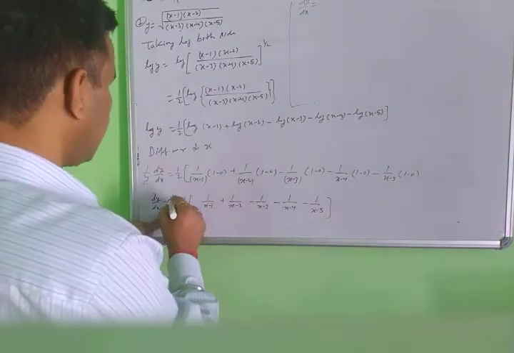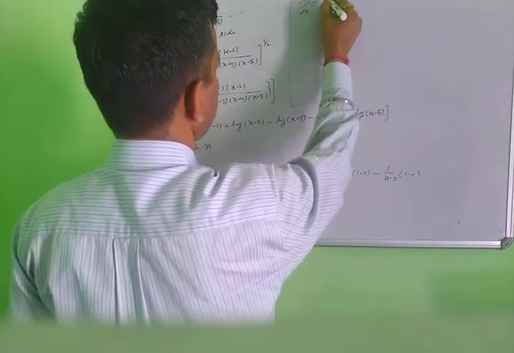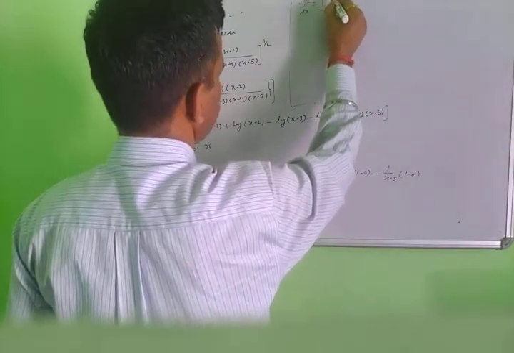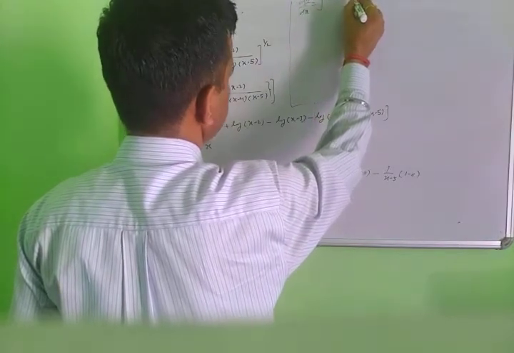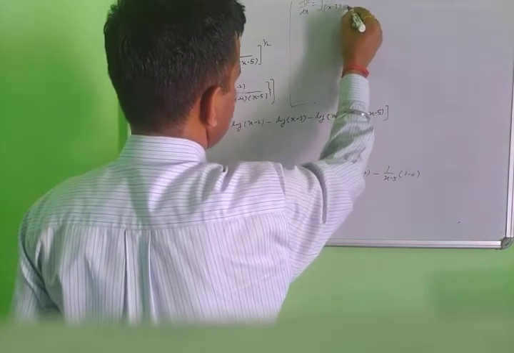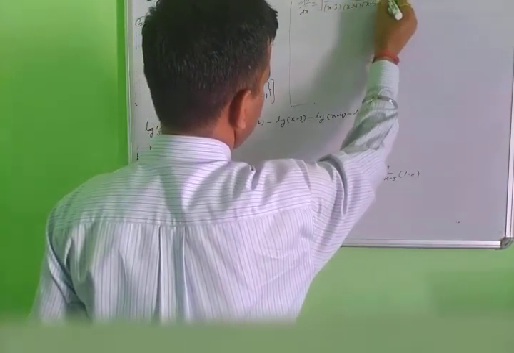What is the value of y here? This is the value of y. I will write here the value of y: root of (x minus 1)(x minus 2) upon (x minus 3)(x minus 4)(x minus 5). This is the value of y.